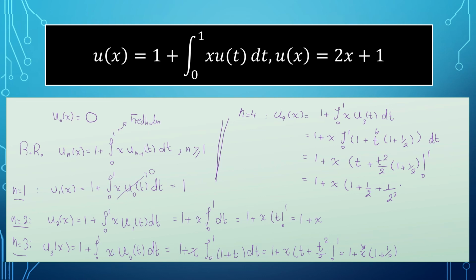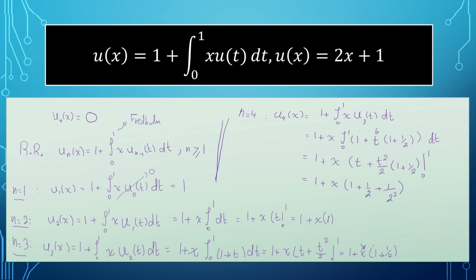Okay, so we can now imagine how it will grow our un. In the beginning it was 0, and then it began to grow and become 1, and then it became 1 plus x, as if here we have 1.